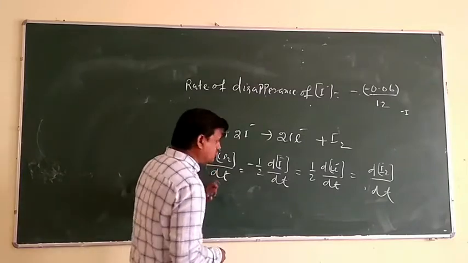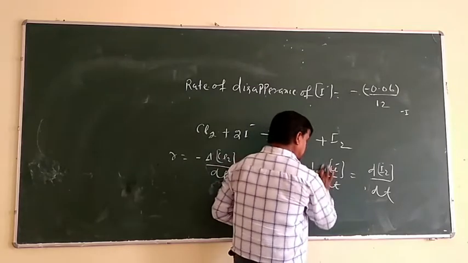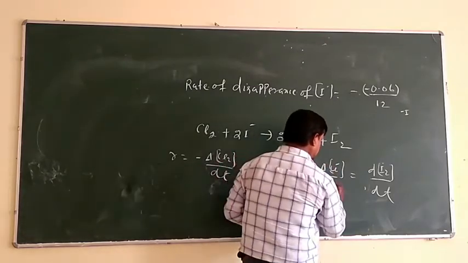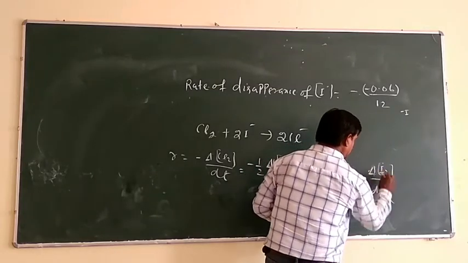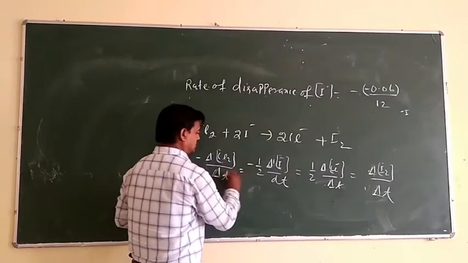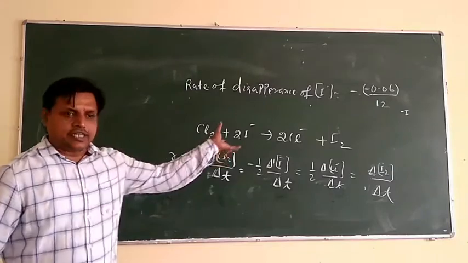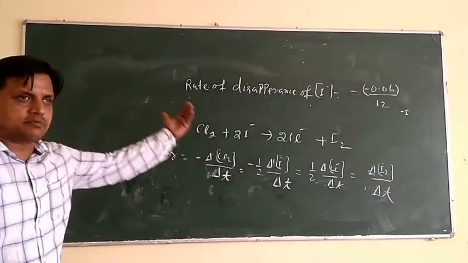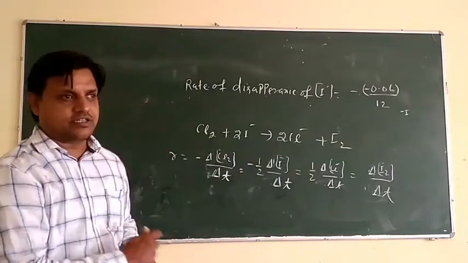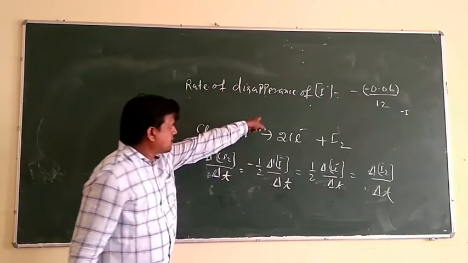Del Cl2 by del t, del I minus by del t, del of Cl minus ion by del t, del of I2 by del t. This is our rate expression, in terms of average rate, and you can also write it as instantaneous rate. So first, the rate of disappearance of I minus ion.